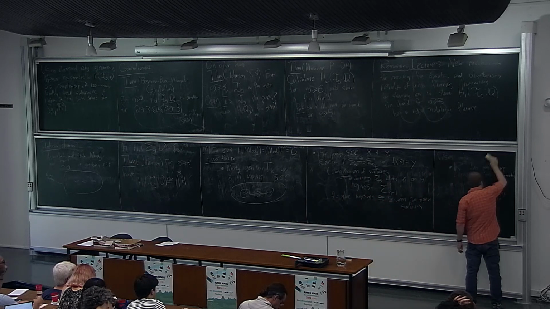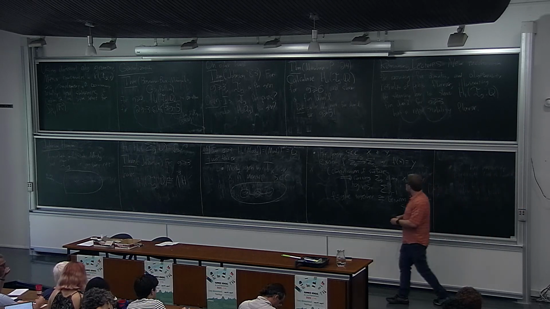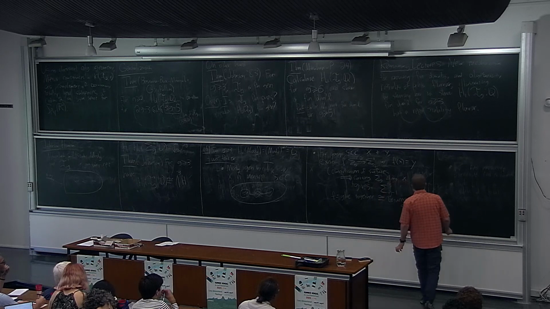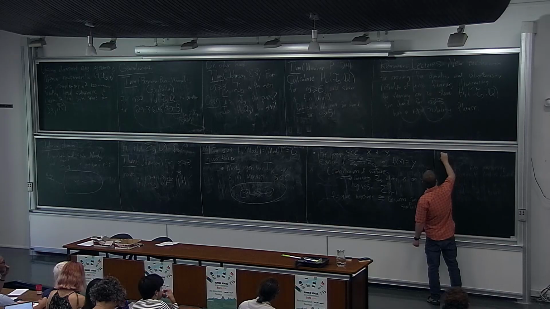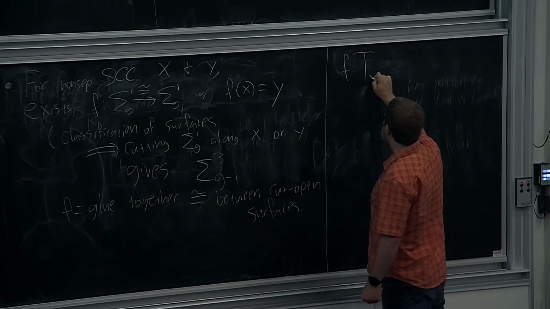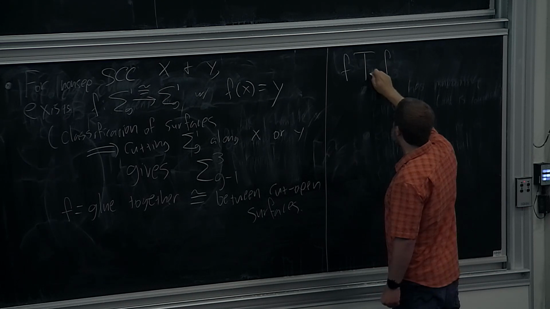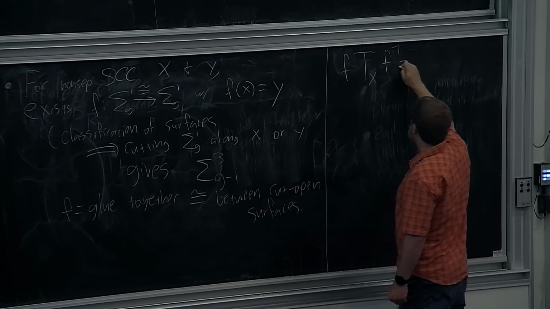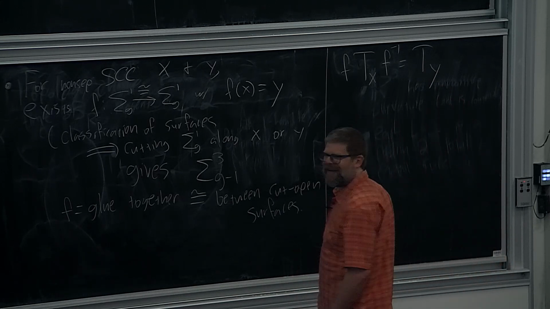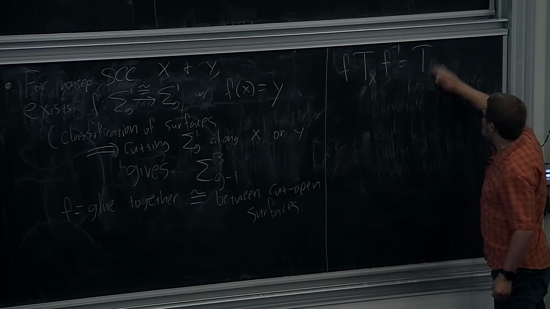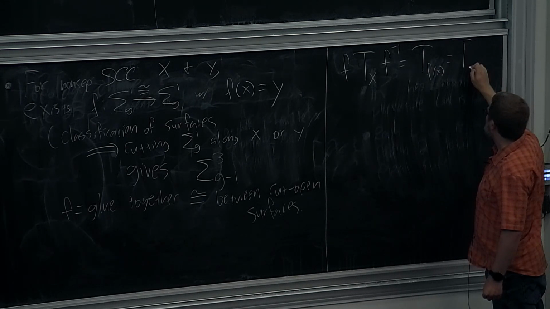And so this of course implies something. If we do f tx f inverse, it is equal to f of t of f of x, which is equal to ty.